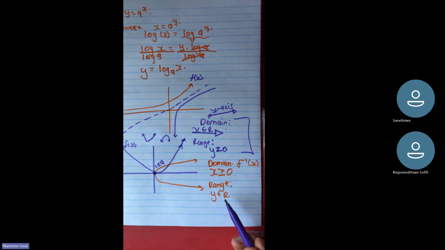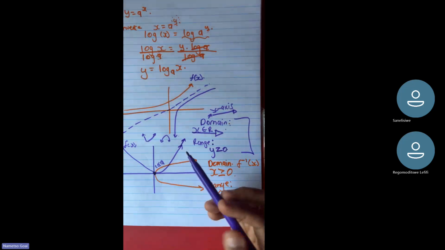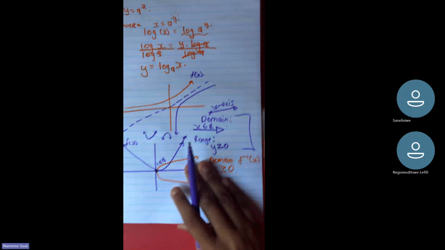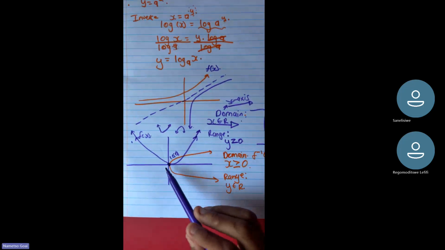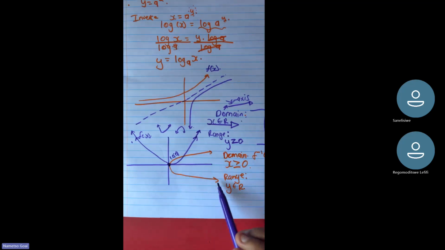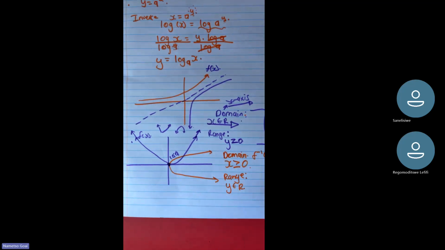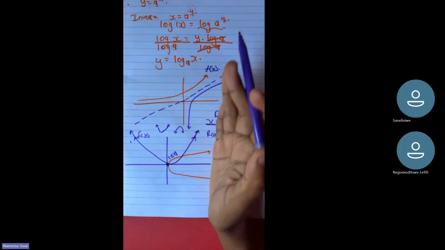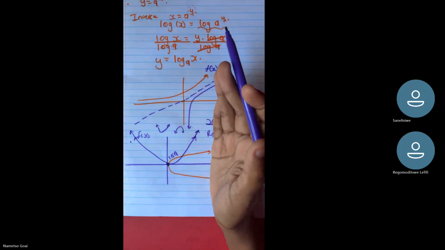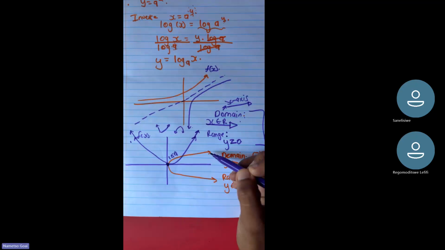And for the range, they said that y is an element of the real numbers. This is what we mean. This is just the graphical representation of what we have, just in these margins. But we know that this is going to grow infinitely.